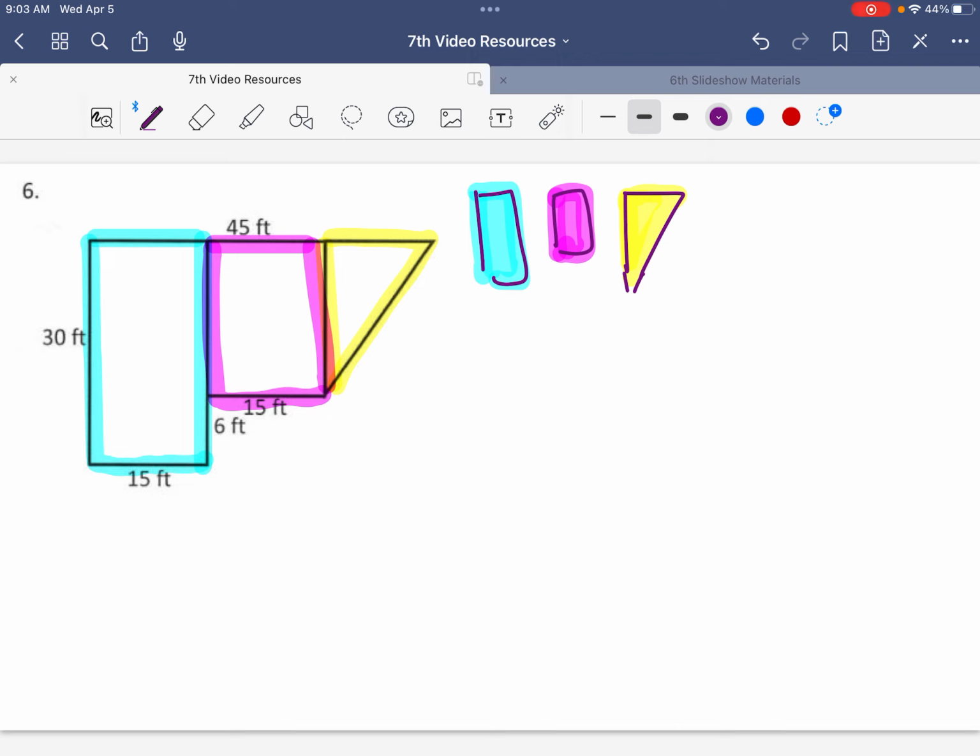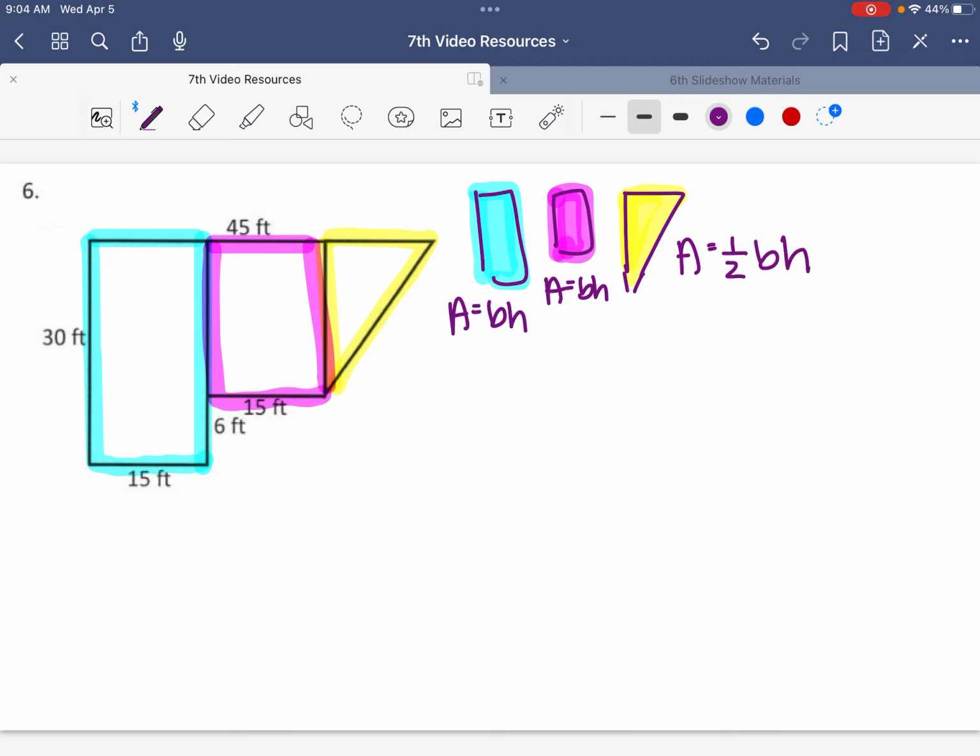So I'm going to pull out my trusty handy-dandy formula chart, and I know that area of a rectangle is base times height. So my pink one is still base times height. But my triangle is a new shape, so it will have a new formula. When I look at my formula chart, I see that area of a triangle is 1/2 the length of the base times the height.